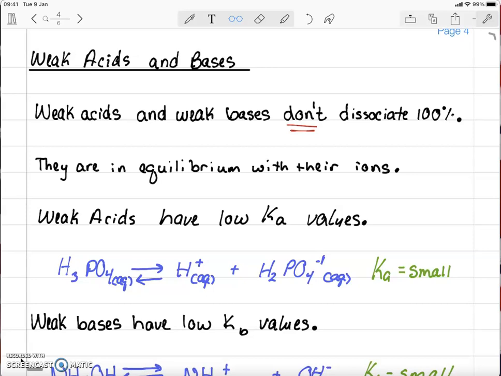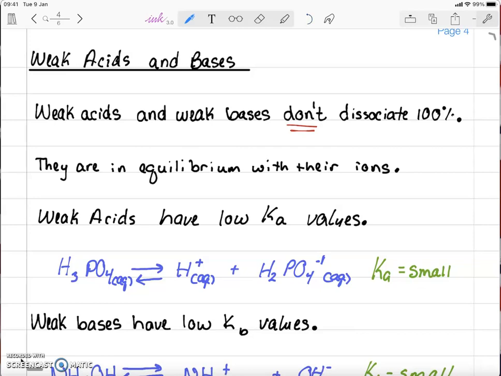So if you take a look at this first example of a weak acid, for instance, phosphoric acid, H3PO4, it is going to be in equilibrium with its ions H+ and the H2PO4 1- ion. And it's going to have a small Ka value.